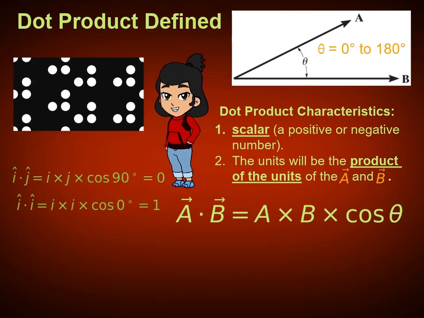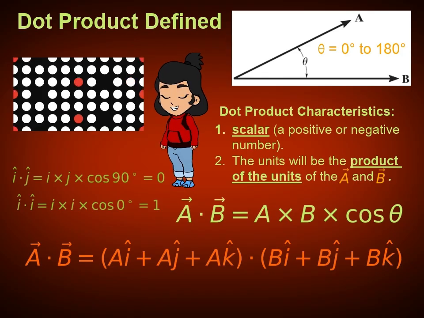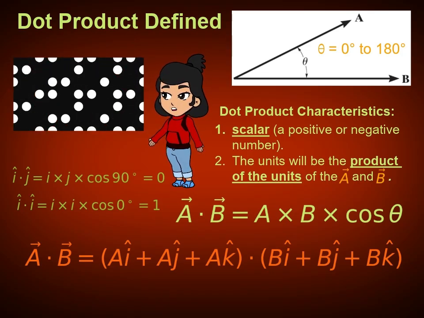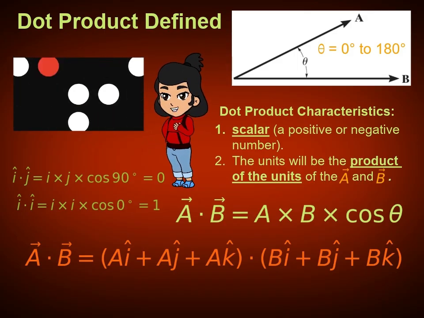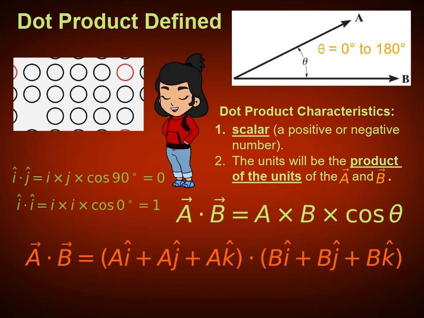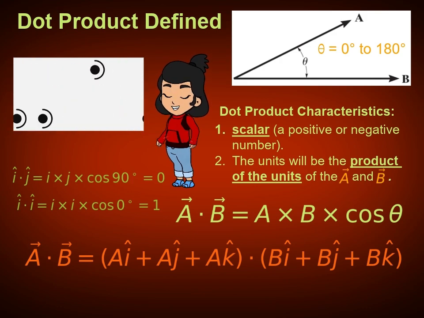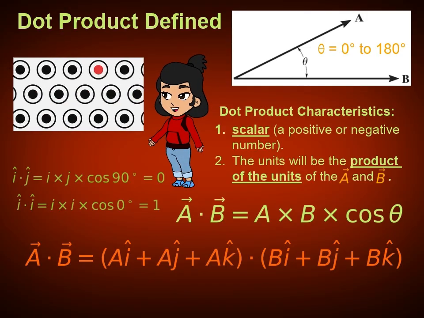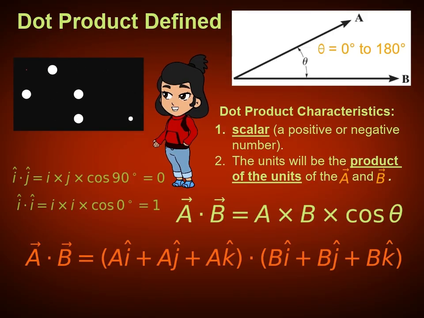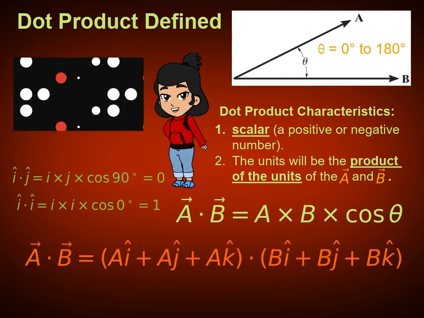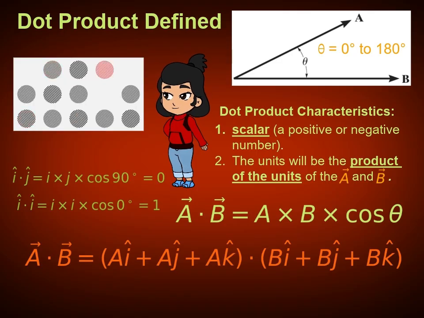Therefore, it follows that vector A dot vector B is equal to a sub x times the unit vector i plus a sub y times the unit vector j plus a sub z times the unit vector k, dot b sub x times the unit vector i plus b sub y times the unit vector j plus b sub z times the unit vector k.